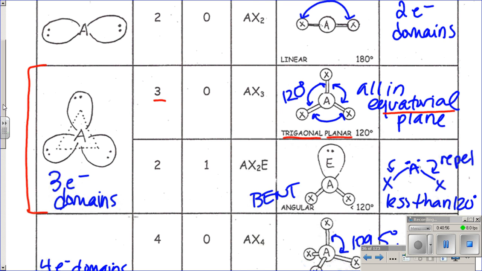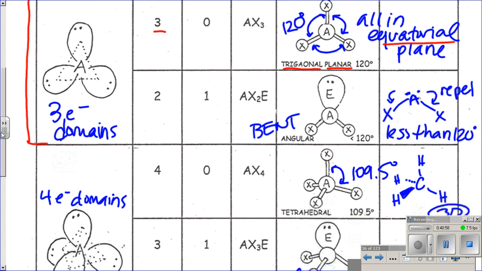3 legs, 3 ligands. The other arrangement it can take is if you have one lone pair. That one lone pair does some repelling of the bonded pairs here, and those bonded pairs, when they are repelled, have to squish together. Everything was 120 apart, like the trigonal planar shape was. So this big, huge lone pair will do some repelling, causing this angle here to become a little closer together.